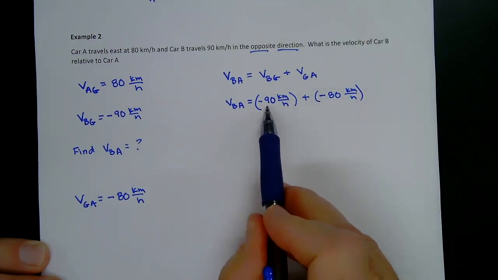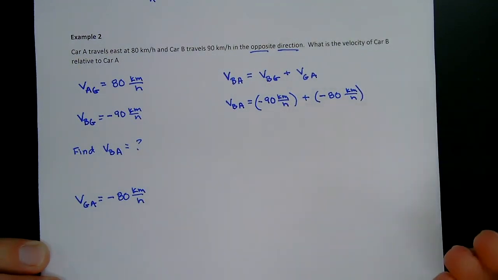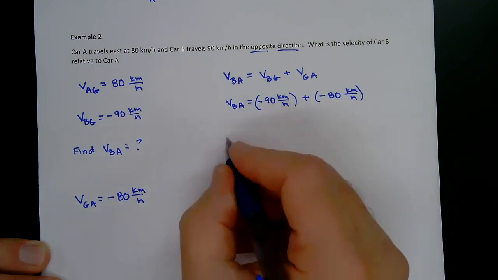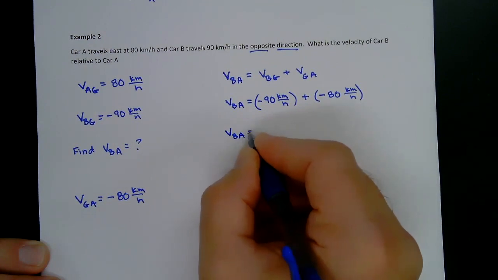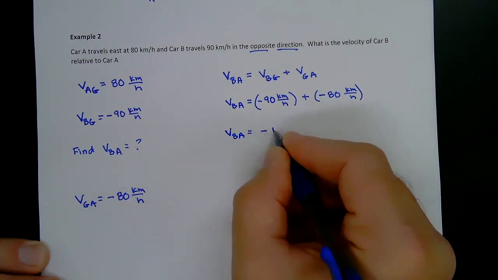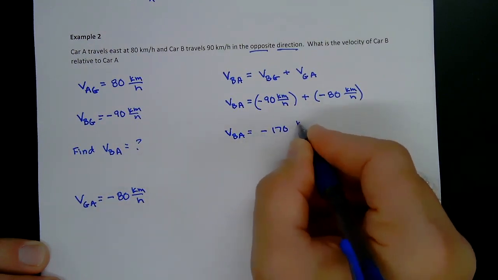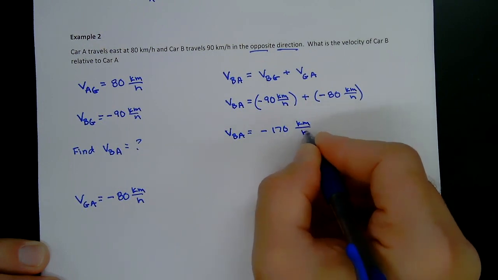And so we have negative 90 and negative 80, which winds up being negative 170. So the velocity of car B relative to A would be negative 170 kilometers per hour.